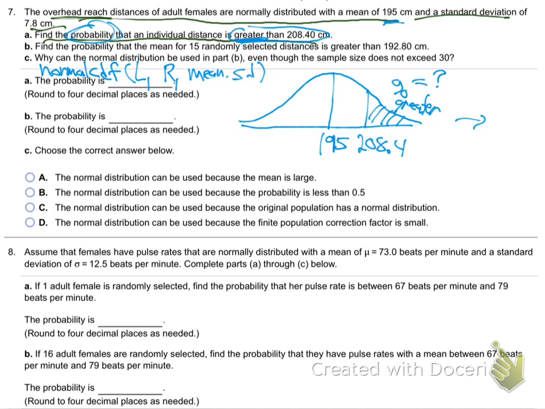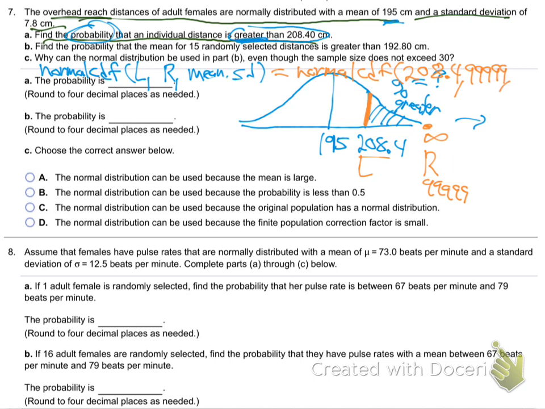Like usual, that's going to be normal CDF. What's the left edge of the shading? 208.4. What's the right edge? Remember, we're always taking the left edge and right edge of the chunk of shading. The left edge of this chunk of shading is 208.4. The right edge is infinity, goes forever to the right, so we just go 9, like 5 nines.